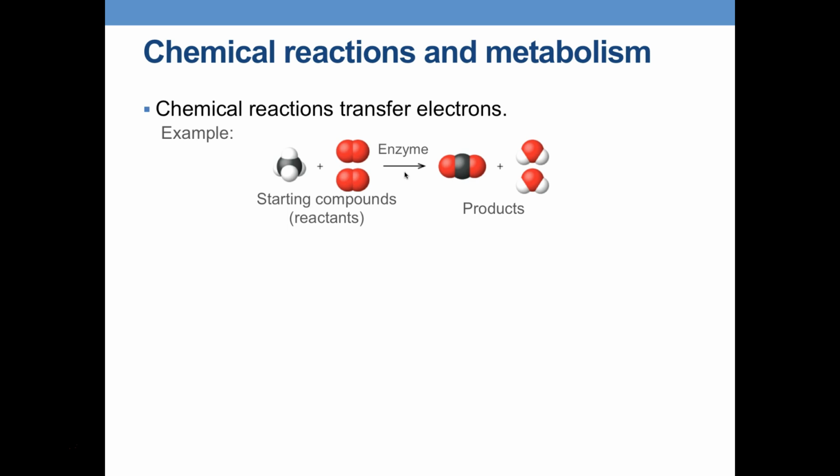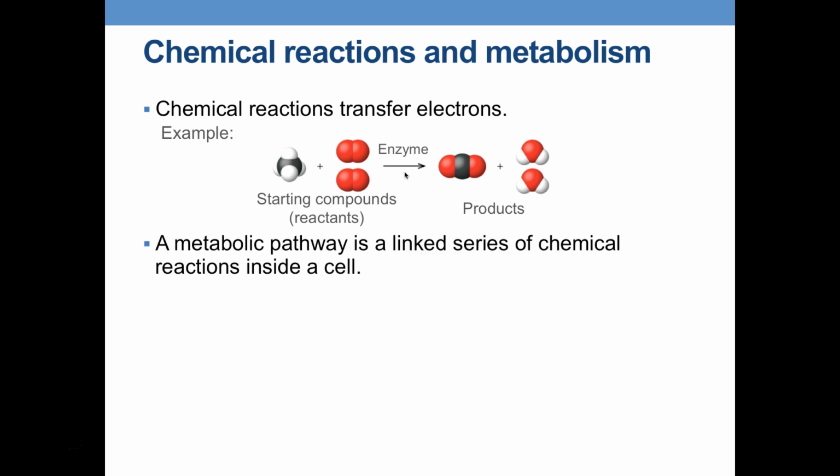In microbiology, we're going to cover many different types of chemical reactions, and we can group chemical reactions together. We use the term metabolic pathway. So a metabolic pathway is a linked series of chemical reactions inside a cell. Some examples of this might be fermentation or the Krebs cycle during aerobic respiration.